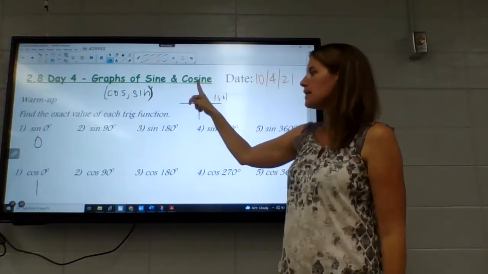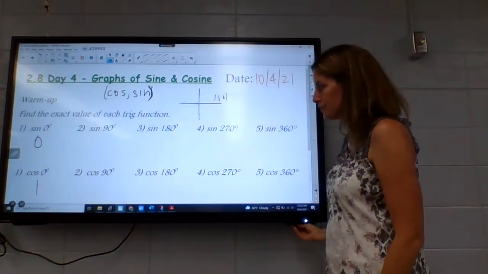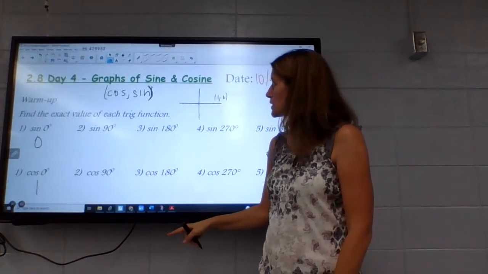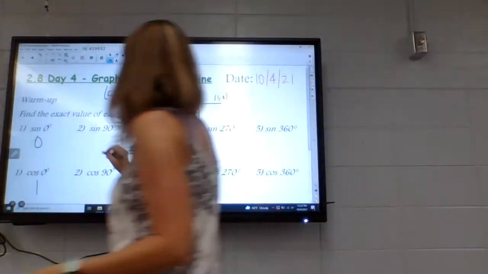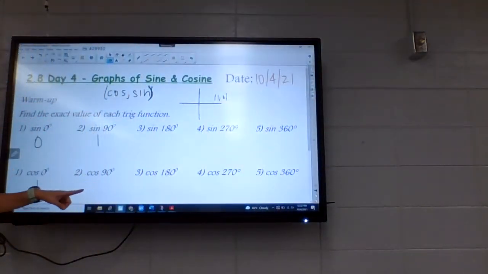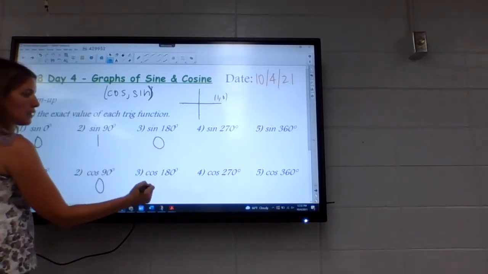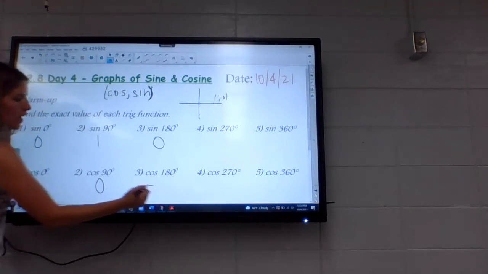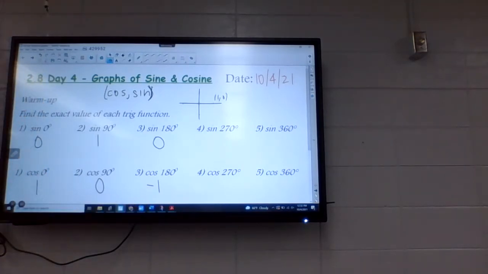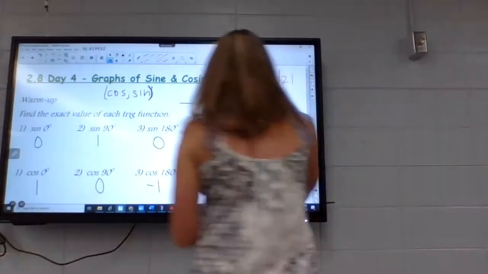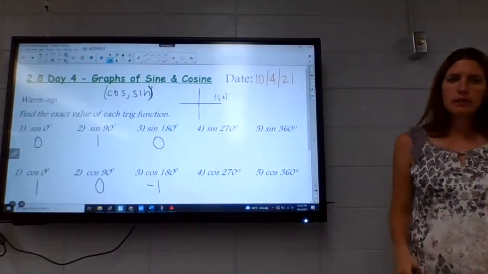So when we spin up to 90 degrees, what does sine become at 90 degrees? 1. And what's cosine at that point? 0. So that kind of fluctuates that way. Now we're over at 180. 0 and -1, because now we're to the left. 270, so we're down.